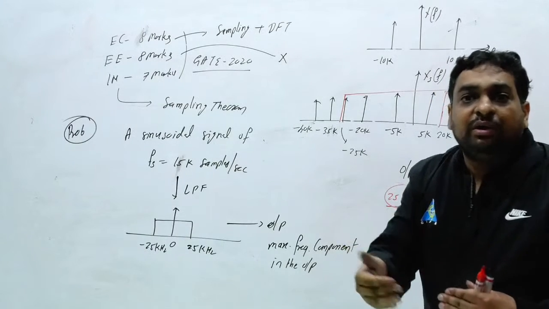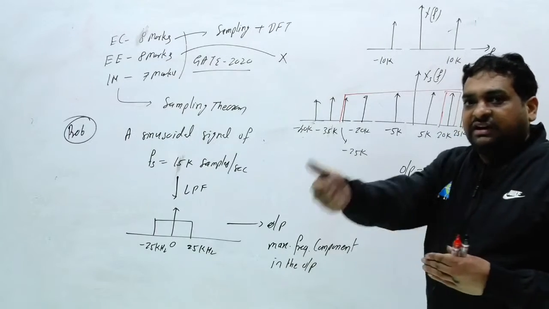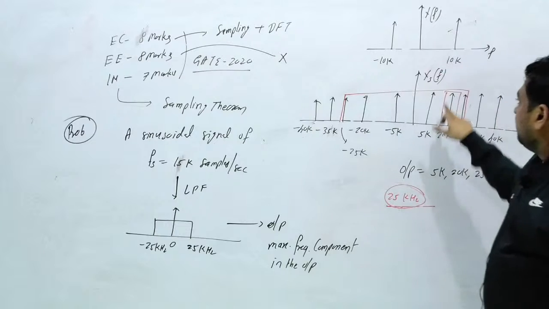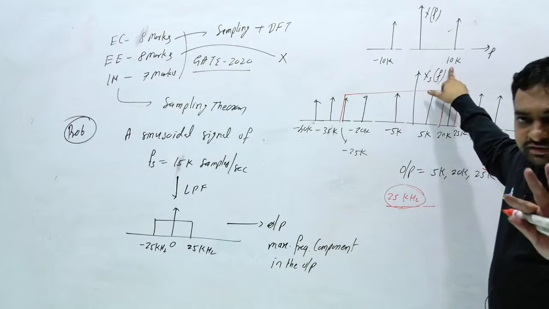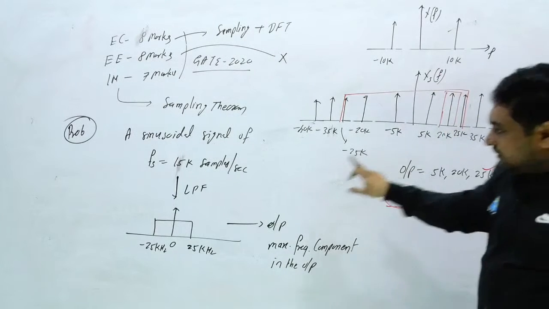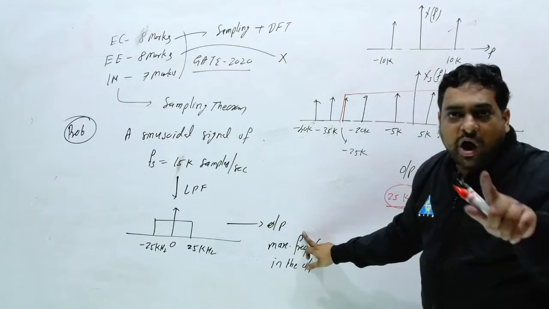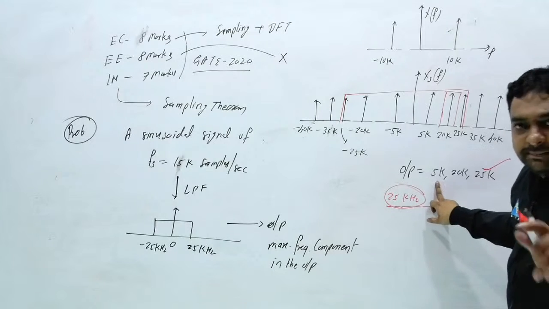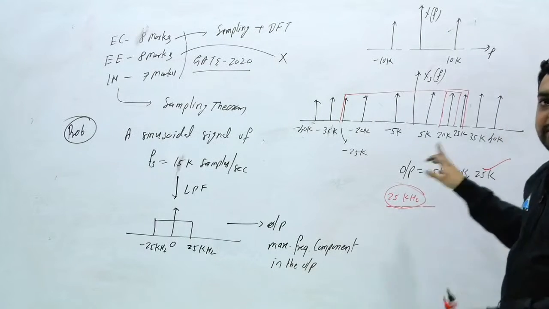If you want 20 kilo, you can also create it. Not only lesser or greater, both can be created. This is the original 10 kilo signal, and at the output of this circuit we get signals of 5 kilohertz, 20 kilohertz and 25 kilohertz.